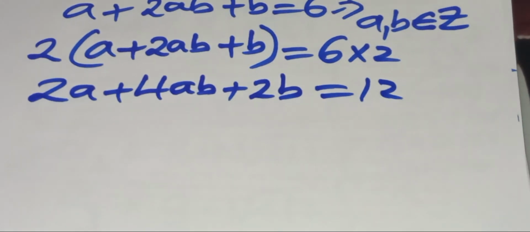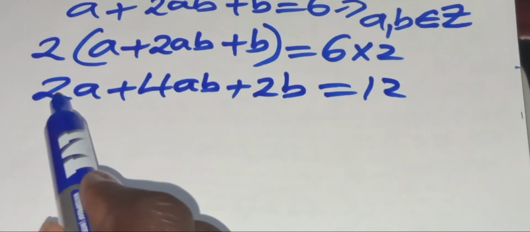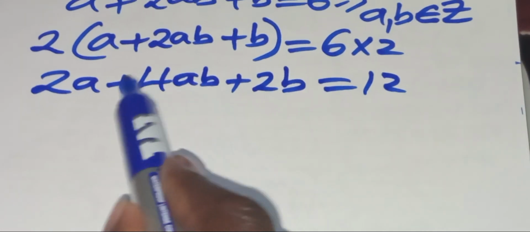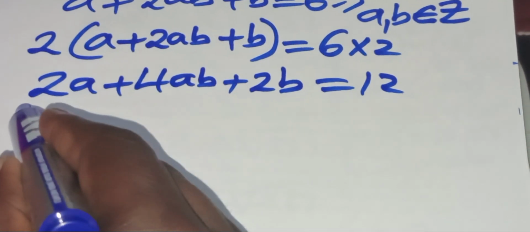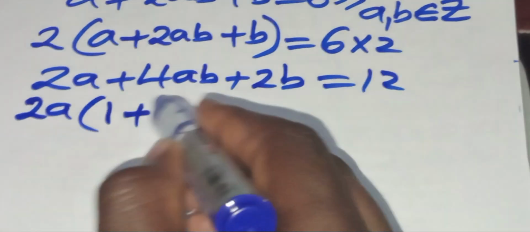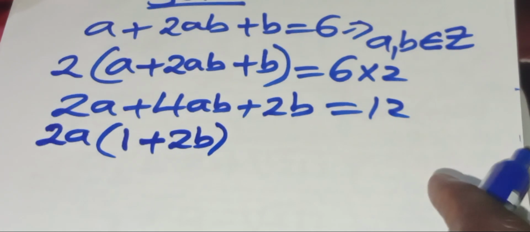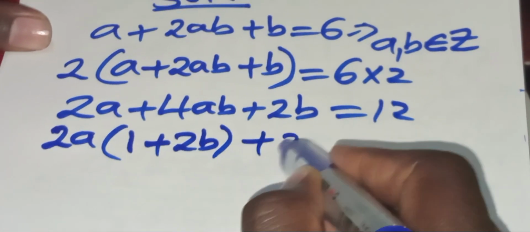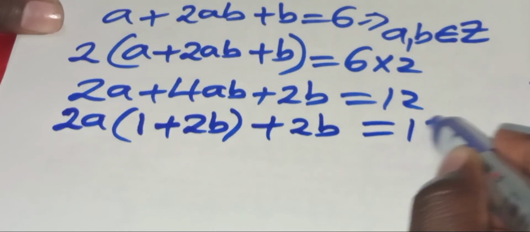Now, you can see that 2a and 4ab have a common factor, so we can factor out 2a, so that we'll have 2a times 1 plus 2b, plus 2b, this is equal to 12.